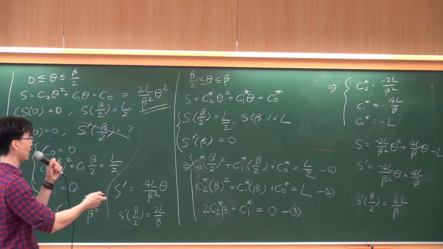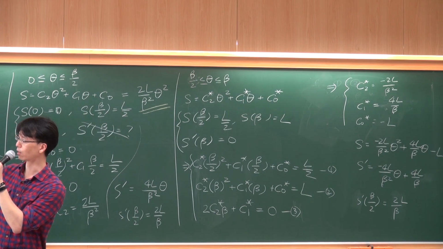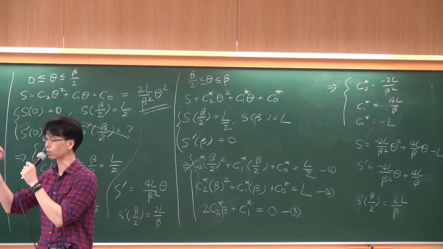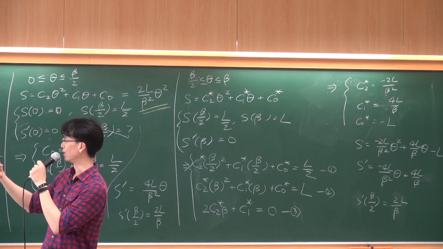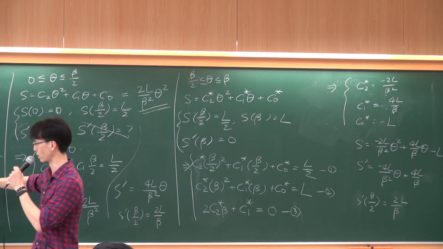So we use 2 segments to form this curve, because previously we used only 1 parabolic curve, and we found it's impossible to satisfy all these 4 conditions.